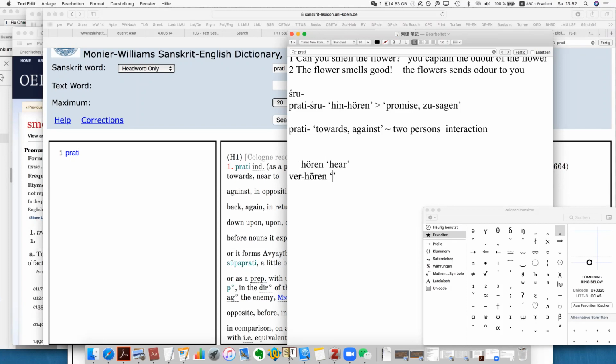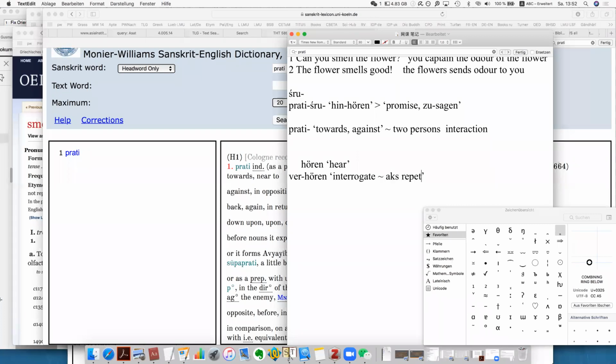Okay. I think we can check. Yeah, that's great. This actually means interrogate. Verhören means to interrogate. What is interrogate? Interrogate means to ask in a hostile attitude, to ask repeatedly, right?